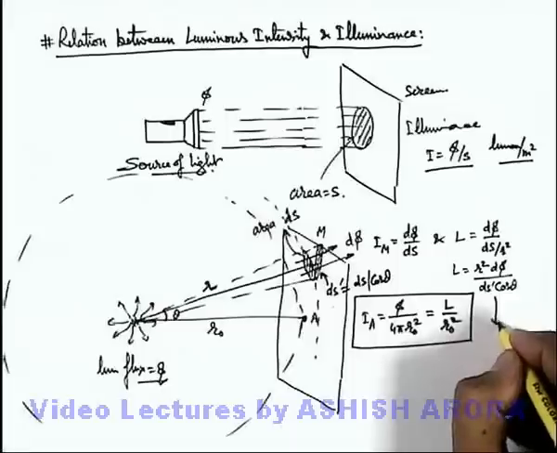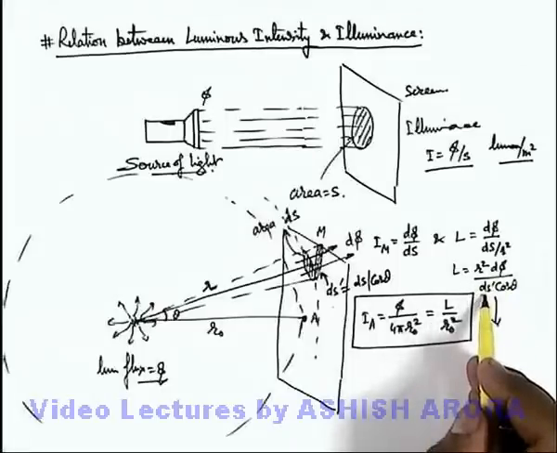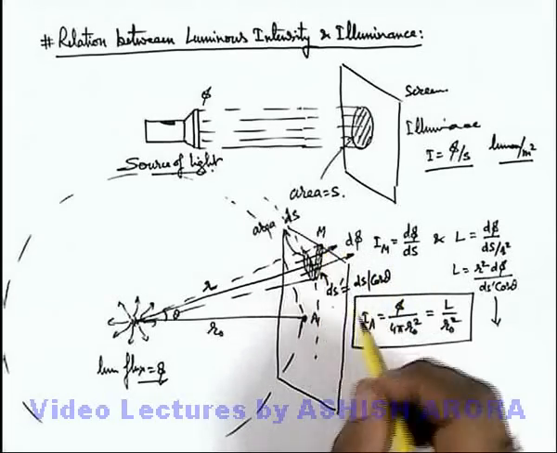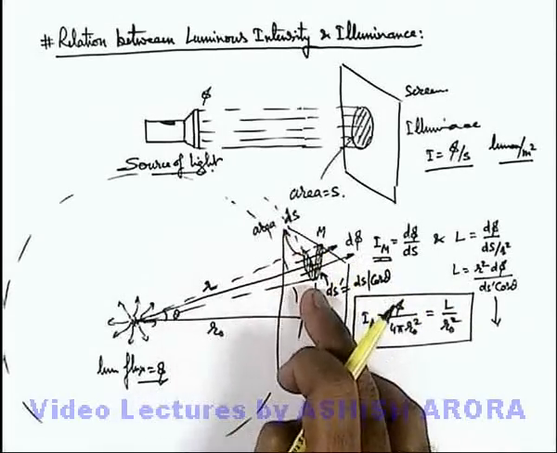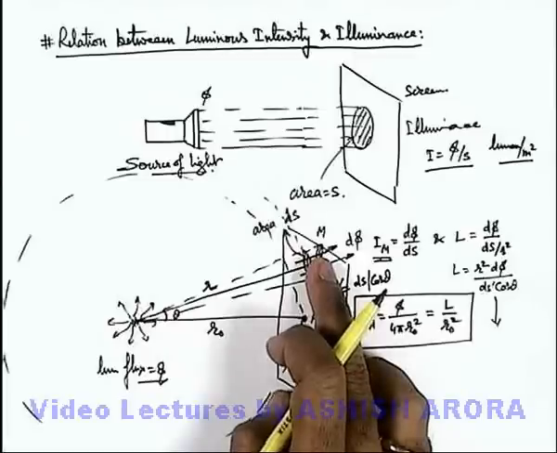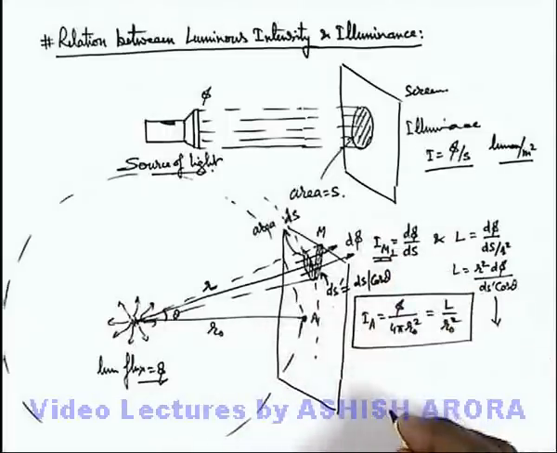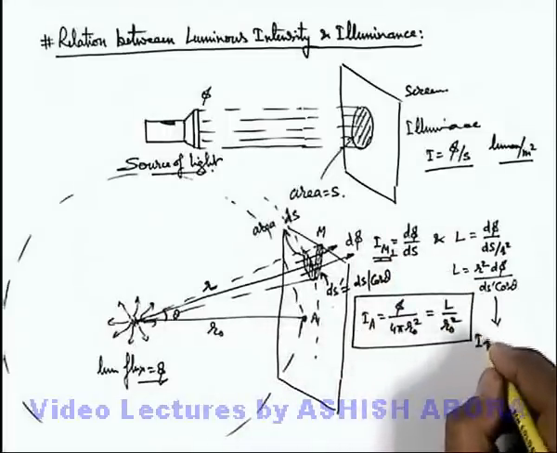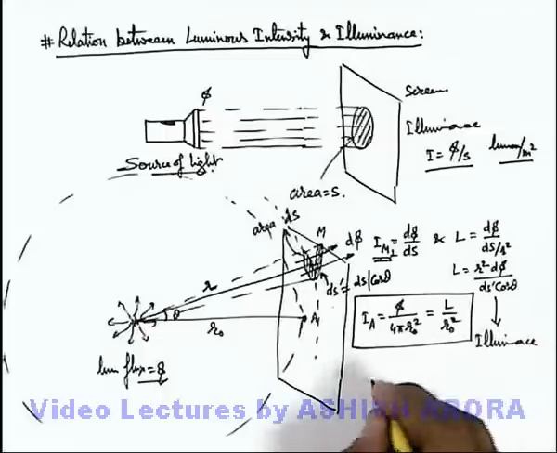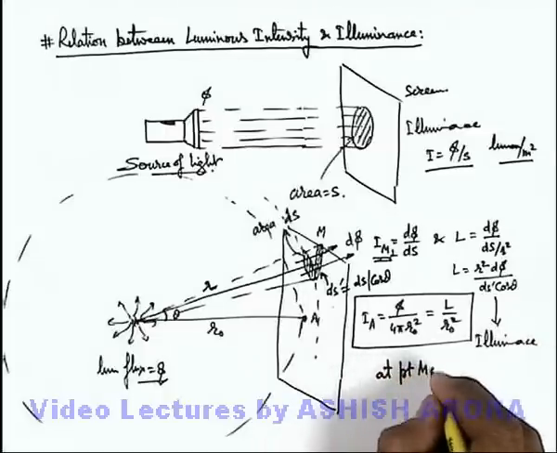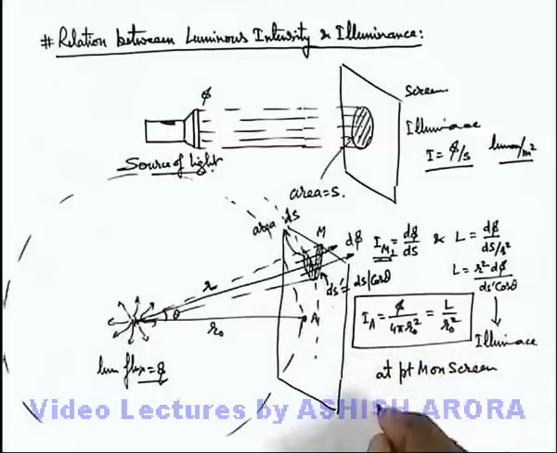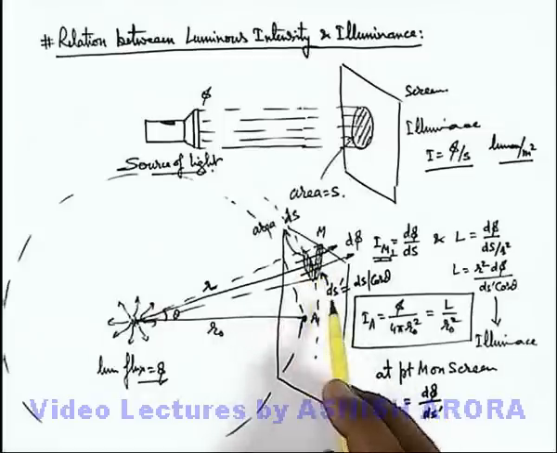So here you can see d phi by ds, which is the illuminance at point M, is not on the surface, this is in the direction where light is passing through the area ds normally. So here we can write I perpendicular, and if we calculate illuminance at point M on a screen, then this illuminance at point M on a screen we can write as d phi by ds prime, because d phi is the flux passing through this area ds prime.